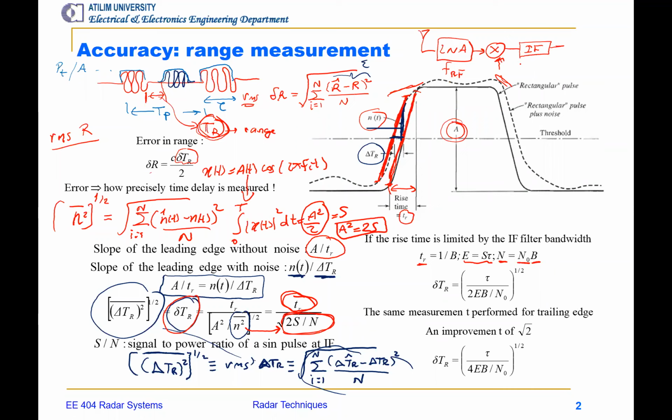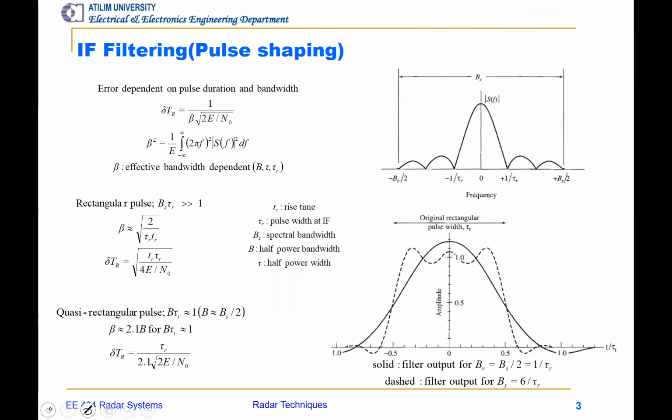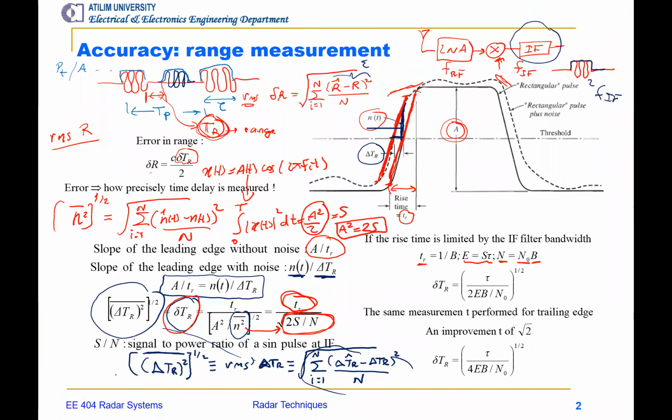After down conversion, here we have, let's say, IF. So we get simply a pulse with an envelope, just like this. But due to the filtering here, it is just a perturbed version of this, okay, just like this.